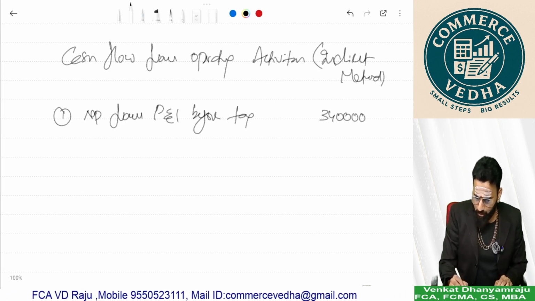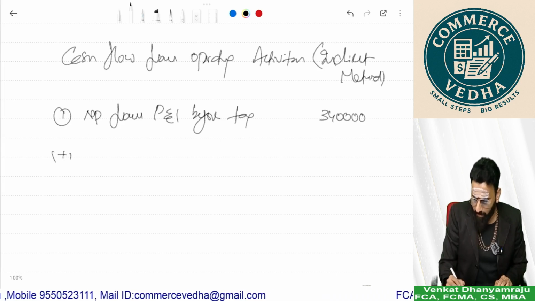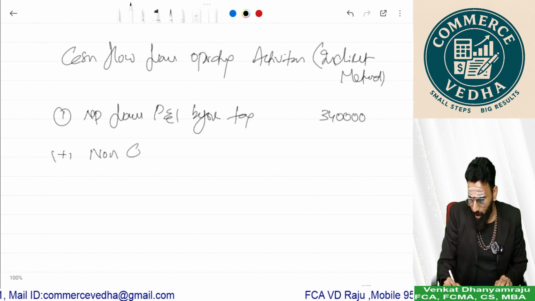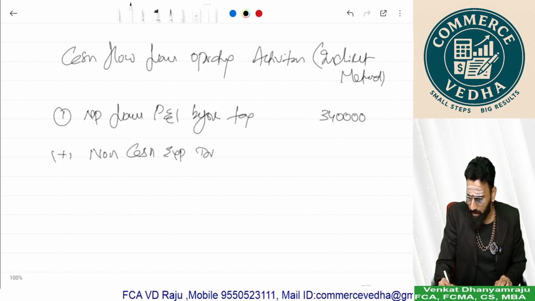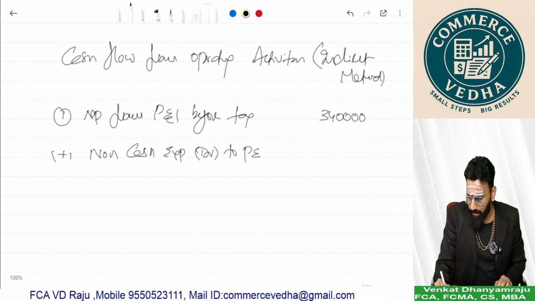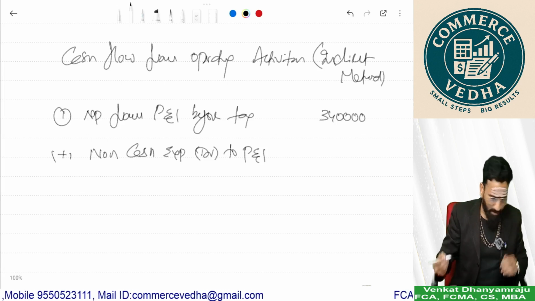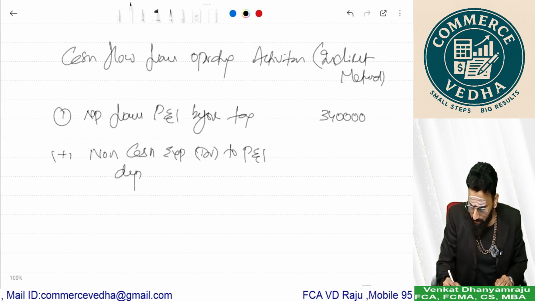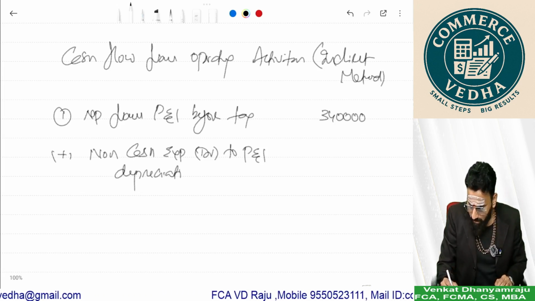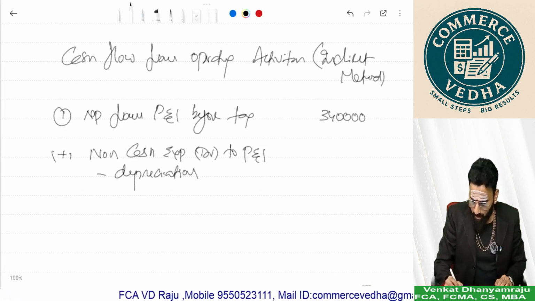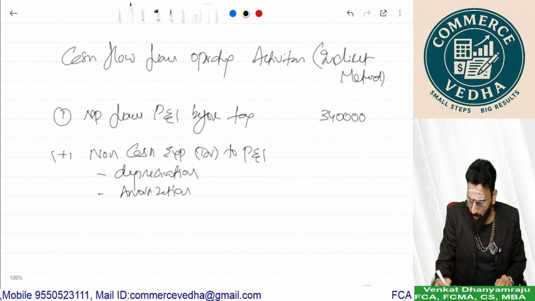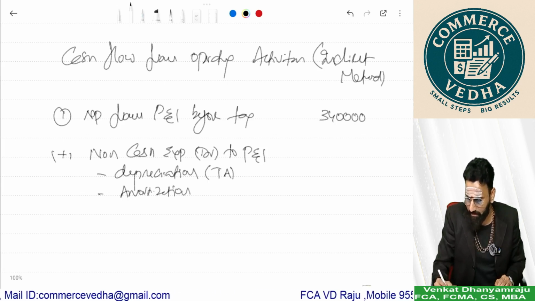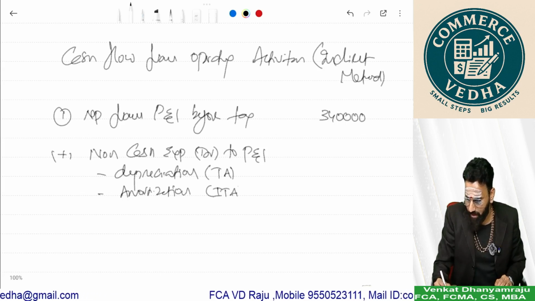Now I should add back non-cash expenditure debited to P&L. It is given, right? What is non-cash? Number one, depreciation, and number two, amortization. This is for tangible assets. This is for intangible assets.